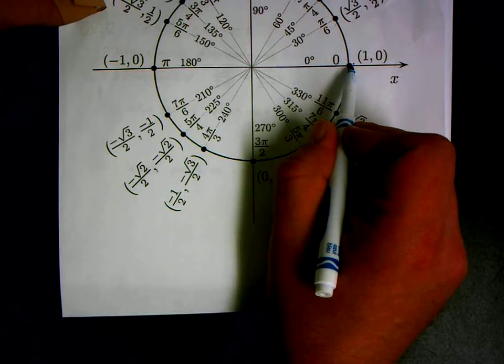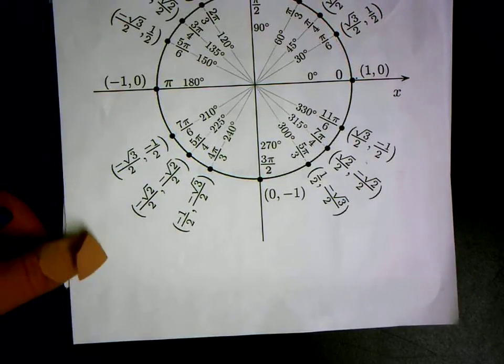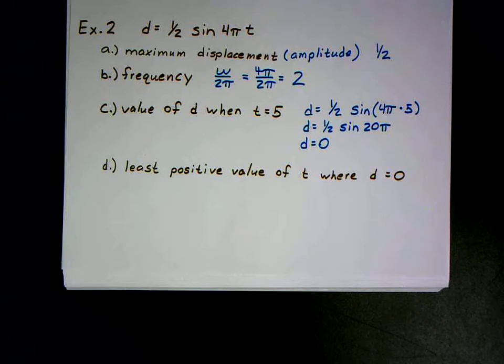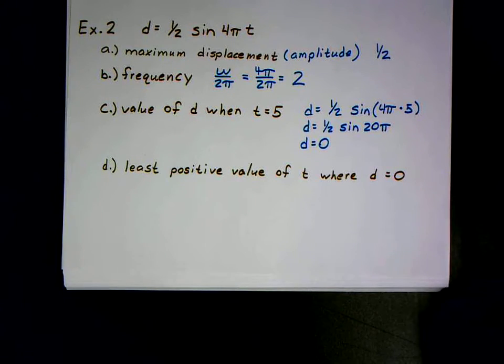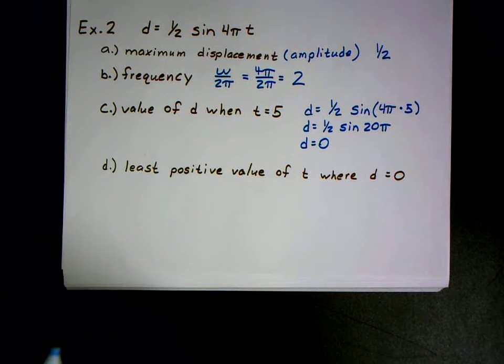Sine is the y value, so the y value is 0. So sine of 20 pi is 0. So then 1/2 times 0 is 0. Basically, any whole number of pi of sine is 0, whether even or odd.